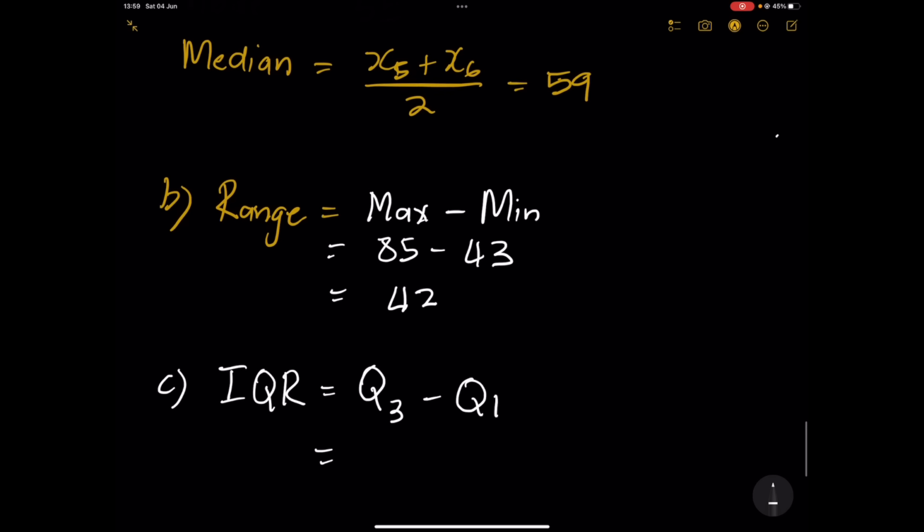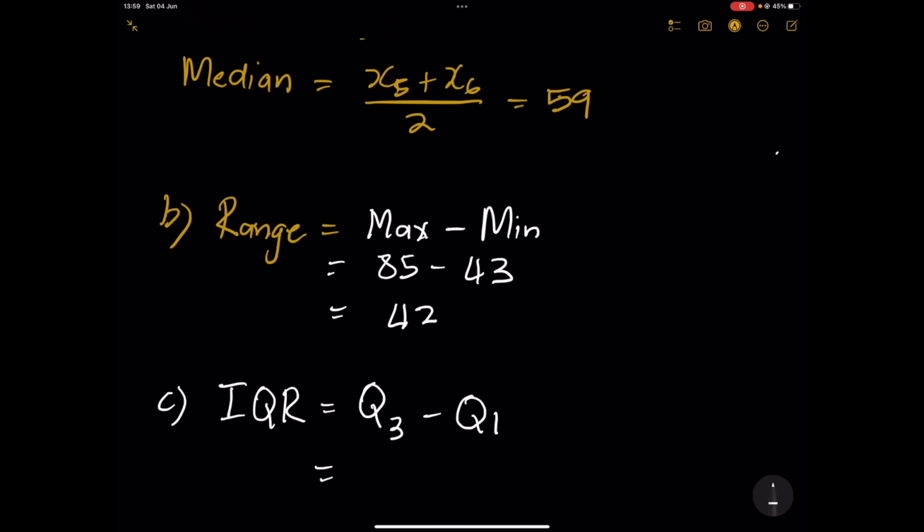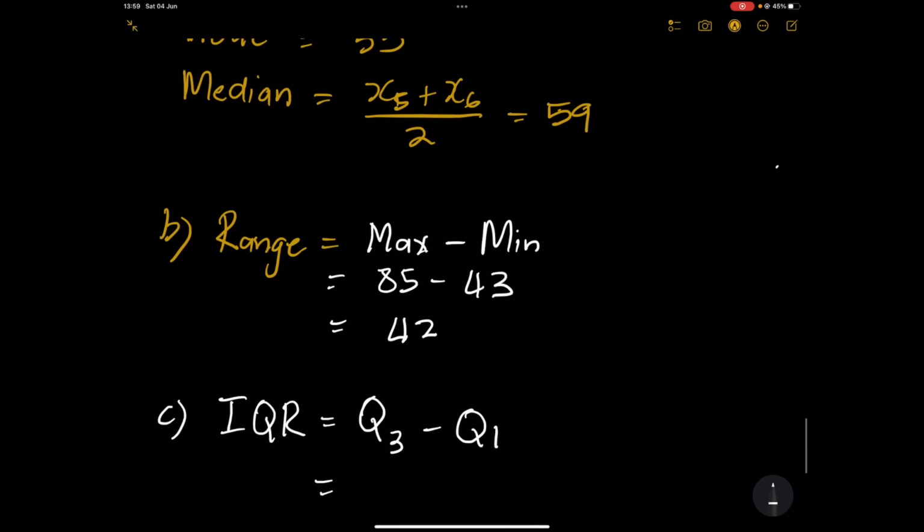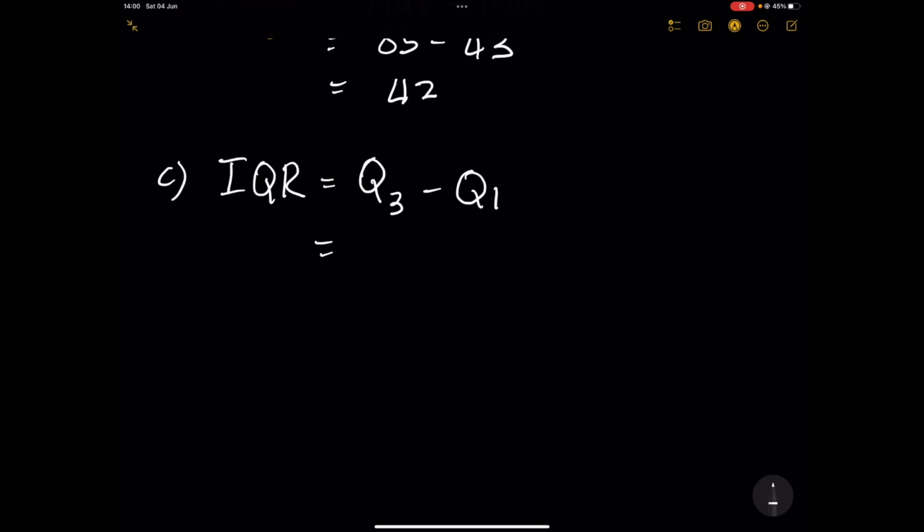Our Q3 value was 65 and our Q1 is 55, so that's 65 minus 55, which gives us 10. That is our interquartile range. And as I said, when you take the interquartile range, it's because the range is not such a good measure of dispersion.